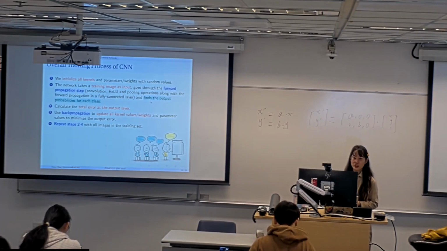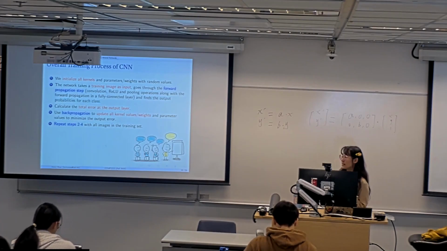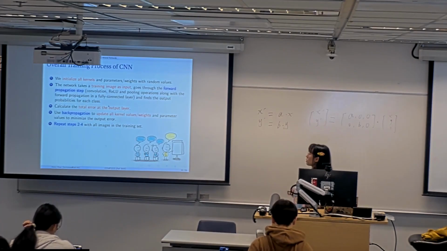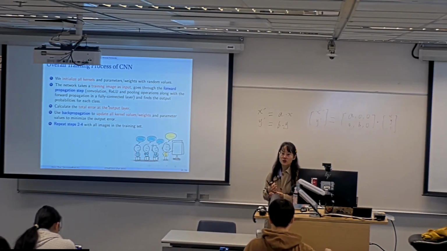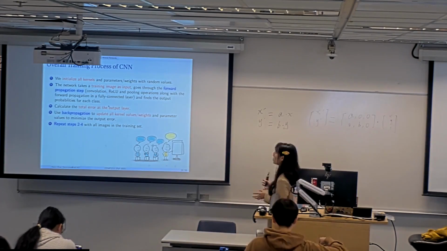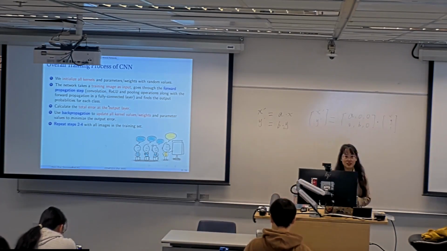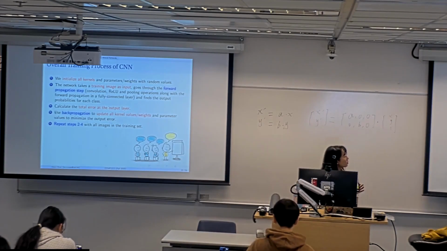After forward propagation, it calculates the total error at the output layer. Note that, of course, we have to define the error function or the loss function at the output layer. After that, it will update all the parameters by backpropagation.